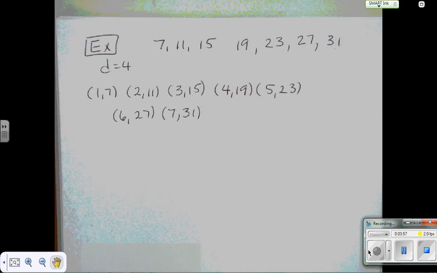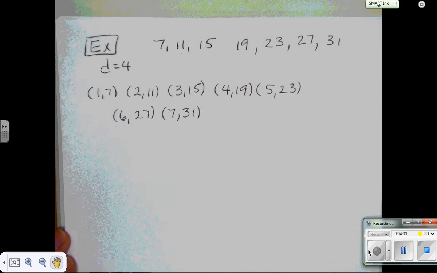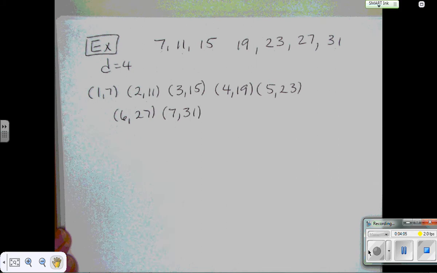So you're dividing by consecutive numbers. And that'll tell you what the ratio is, what you're multiplying to get the next number. Then you have the nth term of the geometric sequence. A sub n equals a sub 1 times r to the n minus 1 power, where a sub 1 is the first term, r is the common ratio, and the n is what number it is in the sequence.